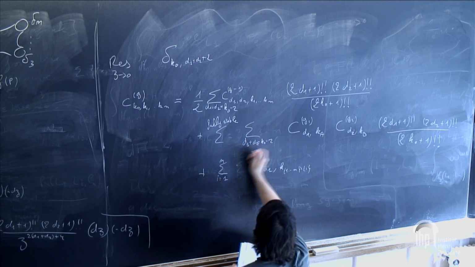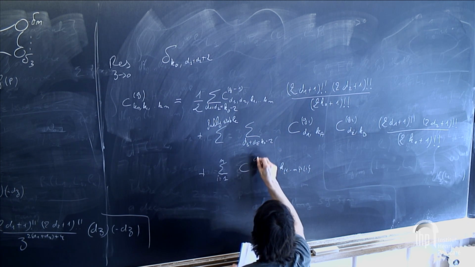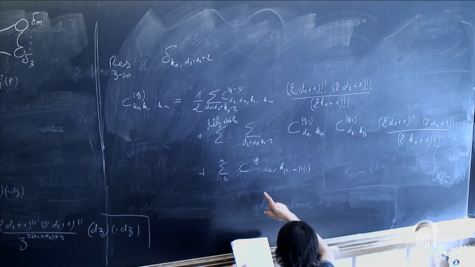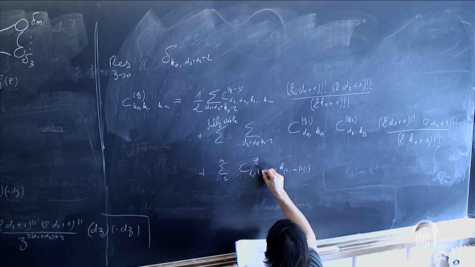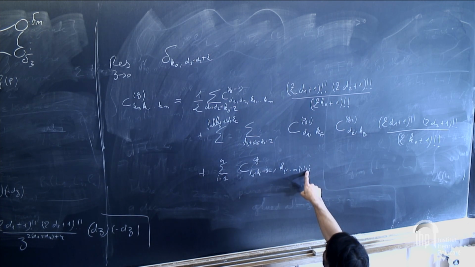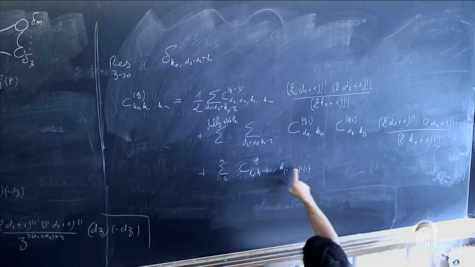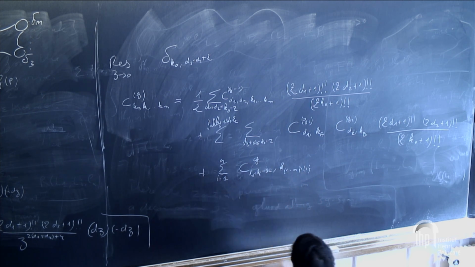So yeah, I will write the result directly. It's C_g of k0 plus ki, and the rest, minus 1. So I remove one i here, so I remove the ki, and I put it together with the k0 with this row.